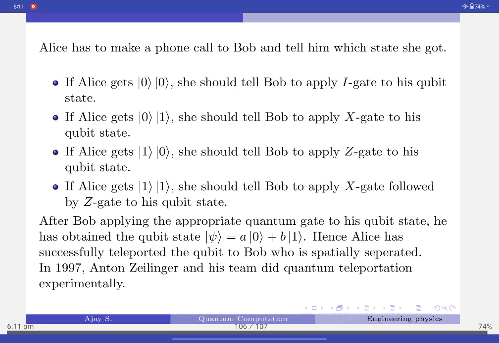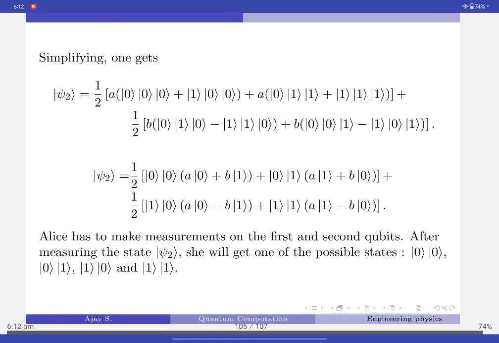Alice has to make a phone call to Bob and tell him which state she got. If Alice gets 0 0, she should tell Bob to apply an identity gate to his qubit. Because if you see here, for the state 0 0, you already have the state a 0 plus b 1 for Bob.